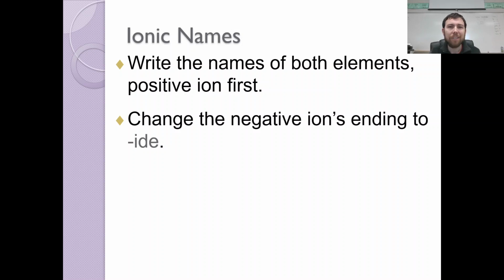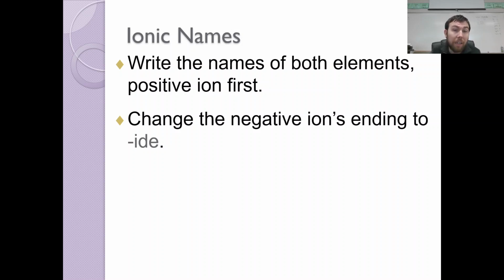So the negative ion, or typically the second component, the second element in your compound, we're going to need to change the ending of that ion from its original name to IDE, right? And so that could be things like chlorine would become chloride.